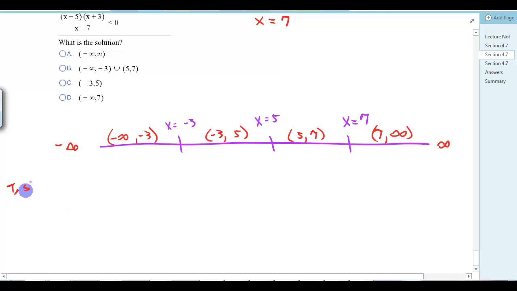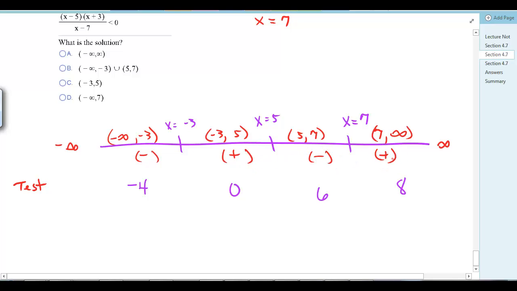Pick your test points. Okay, and I would pick negative 4, 0, 6, and 8. When you plug those in up here for x and see what sign you get over there, you would get negative, plus, negative, plus.